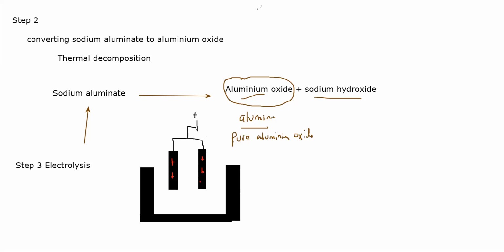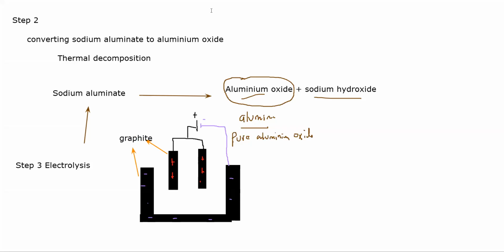The part connected with the negative terminal is known as cathode, so the walls and the base of this container are the cathode. Both consist of carbon or graphite. Why graphite? Because it's unreactive, inert. That's why we prefer graphite.